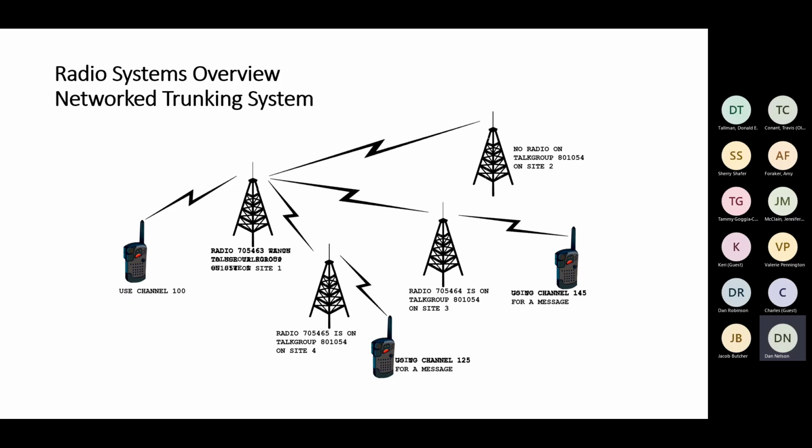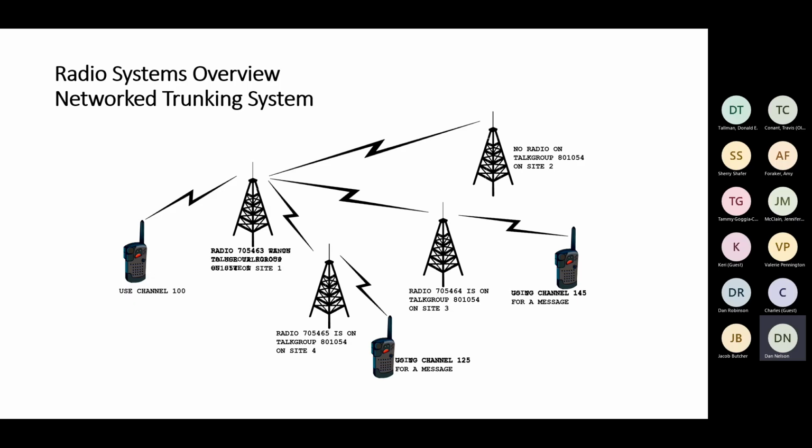So to boil that down, when we have another radio that's tuned to the same talk group on, say, site 4, that site will receive the audio from that radio. Same if the radio's on site 3.